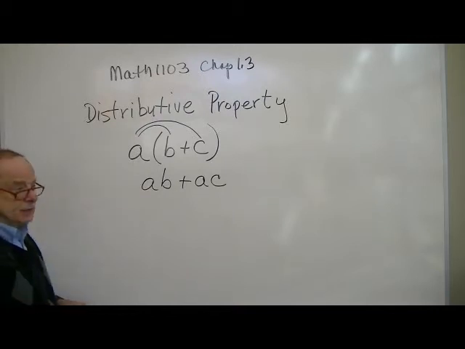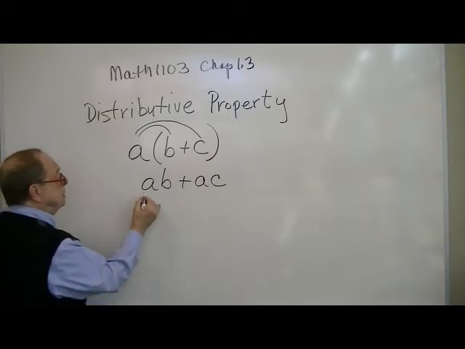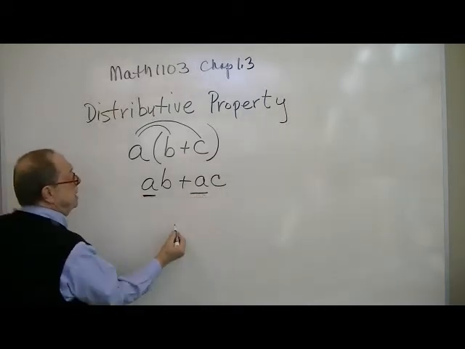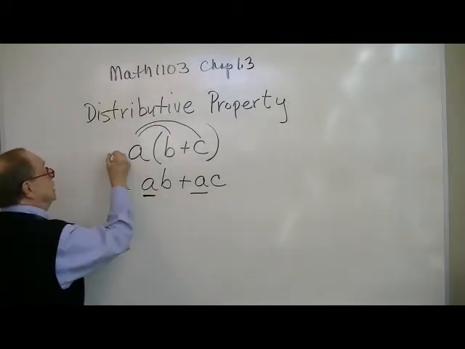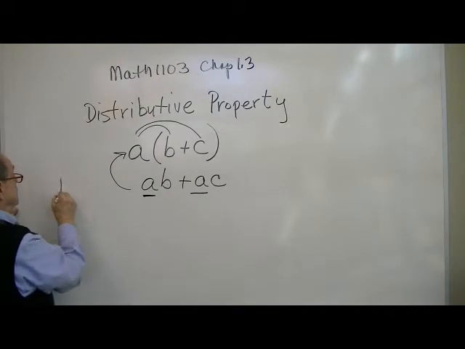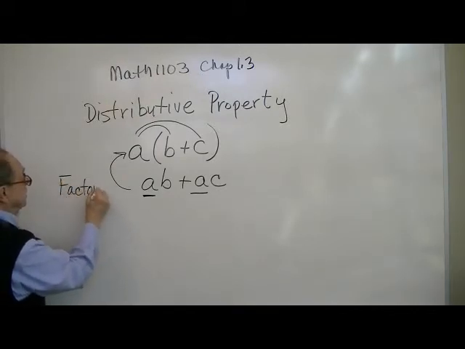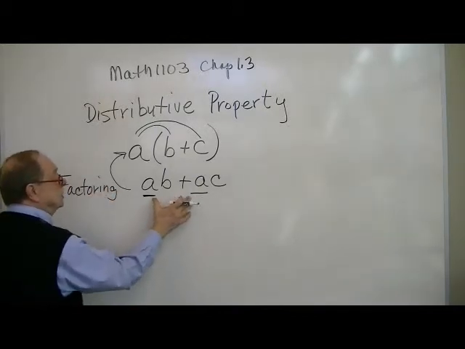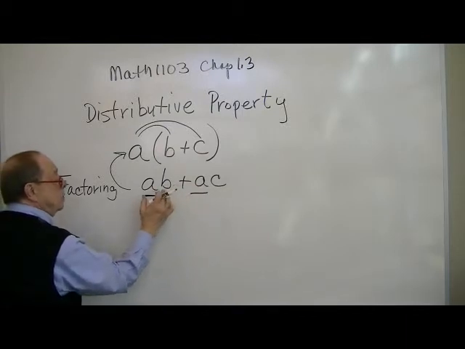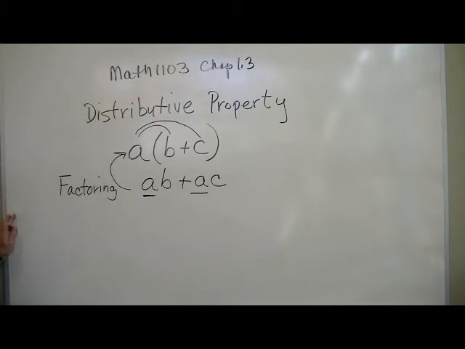Now, something I mentioned in another presentation was if you want to isolate the A, you get back to that by the process of factoring. So we factor out the letter A when it's in two terms, sort of the reverse of the distributive property.